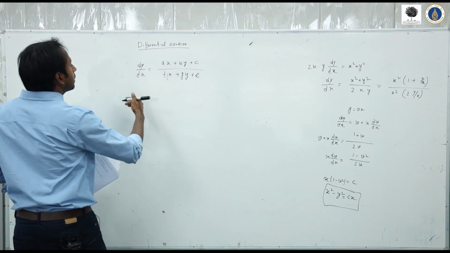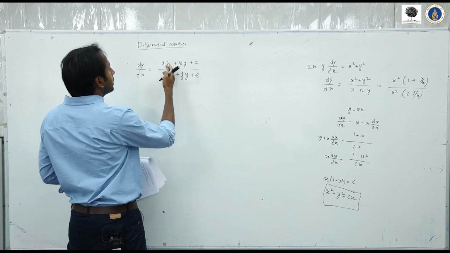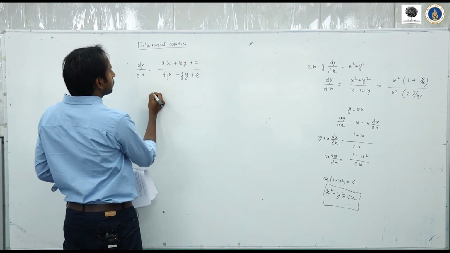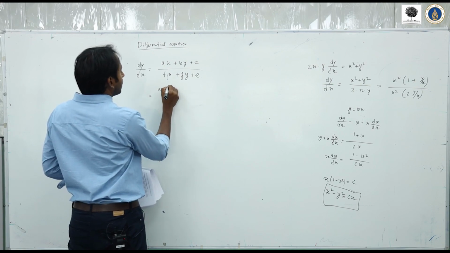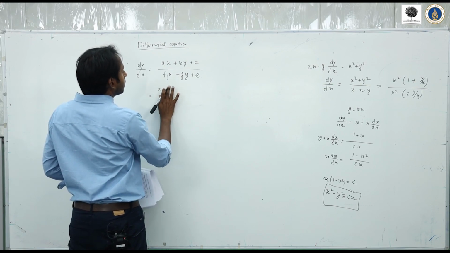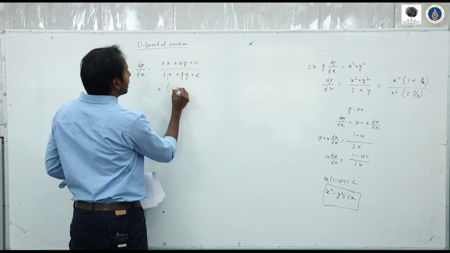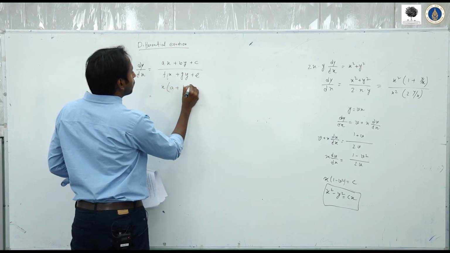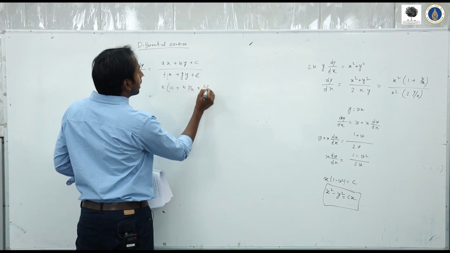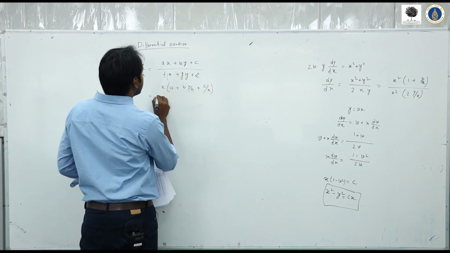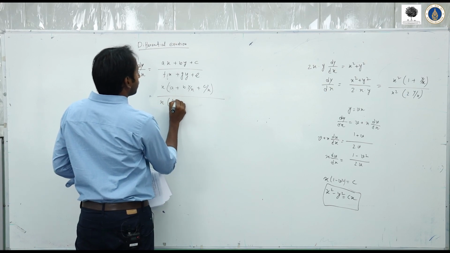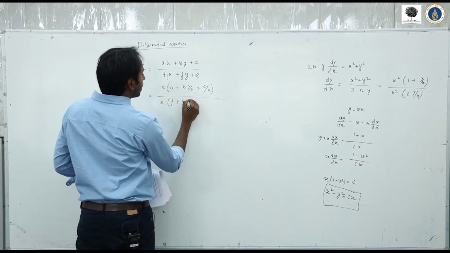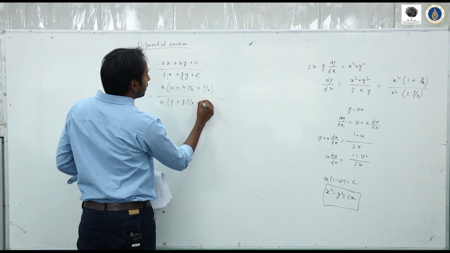If I take x outside, this will look like a plus b into y by x plus c by x, and the denominator is x times f plus g y by x plus e by x.